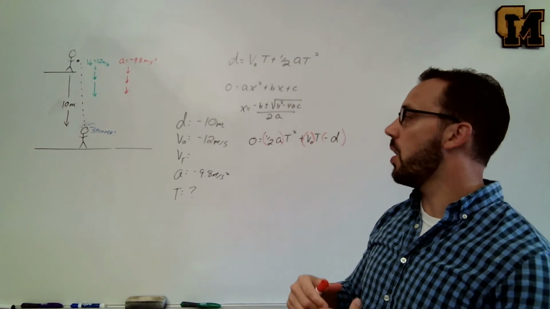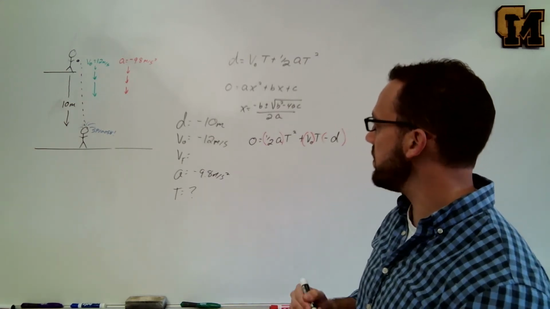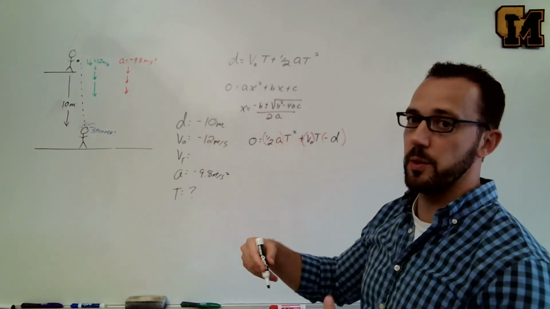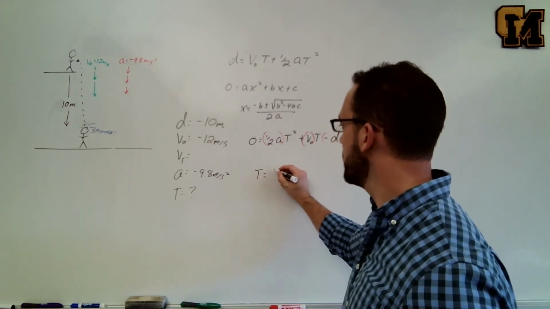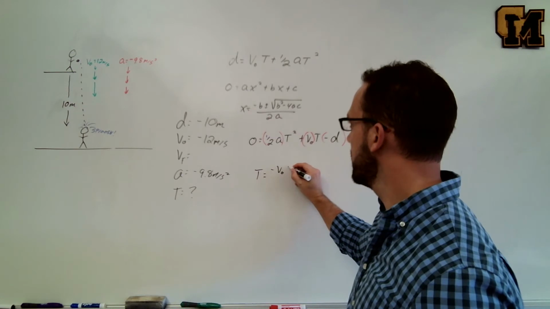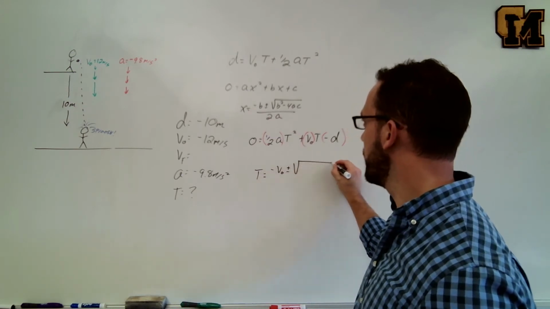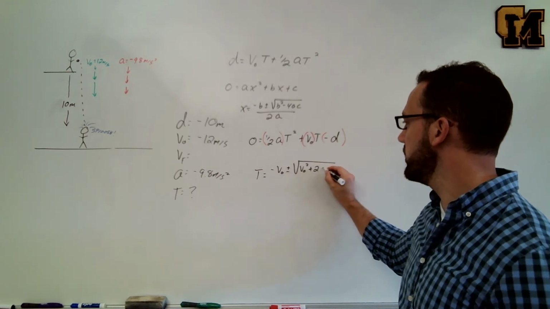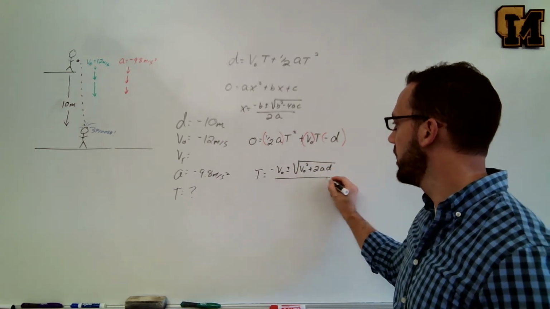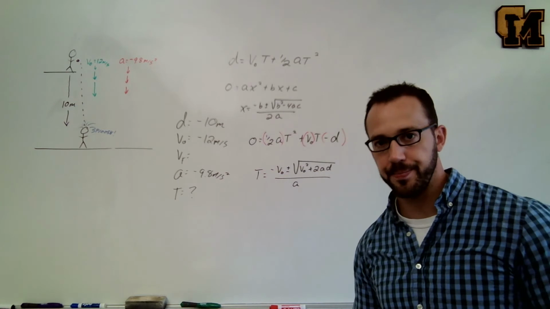Now, if I were to plug all of that in, and instead of x equals, it would be time equals, what I would get is time equals negative v naught plus or minus the square root of v naught squared plus 2ad, all over acceleration.